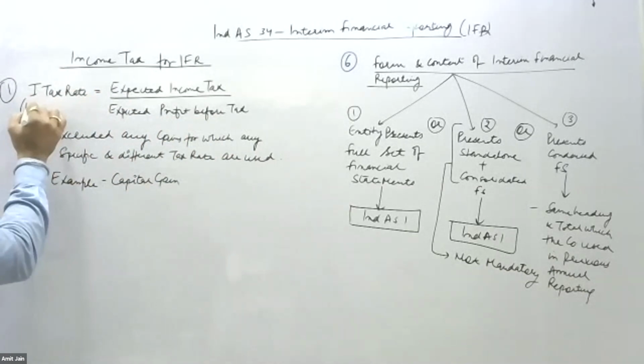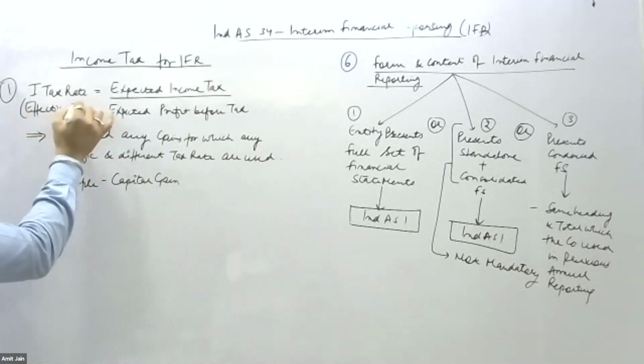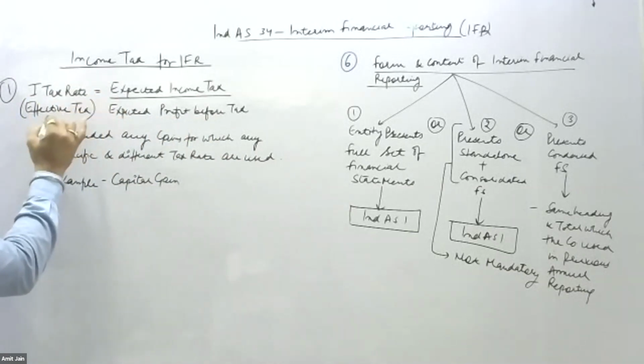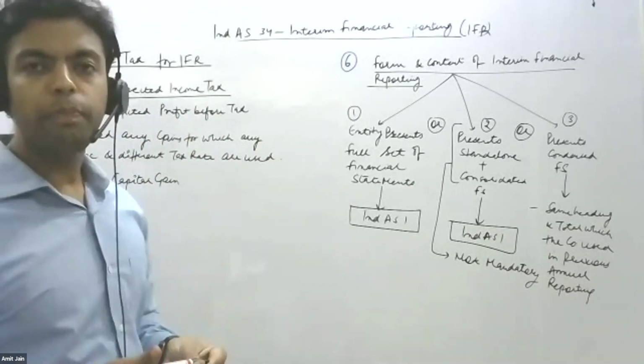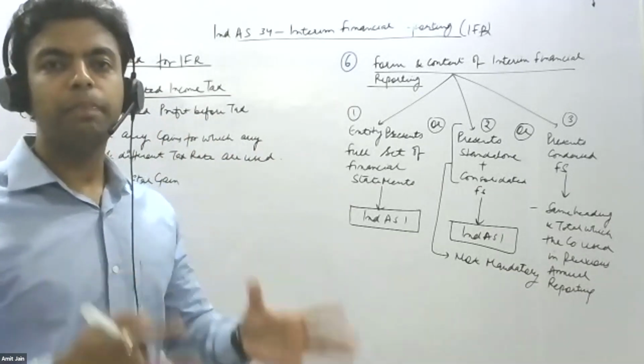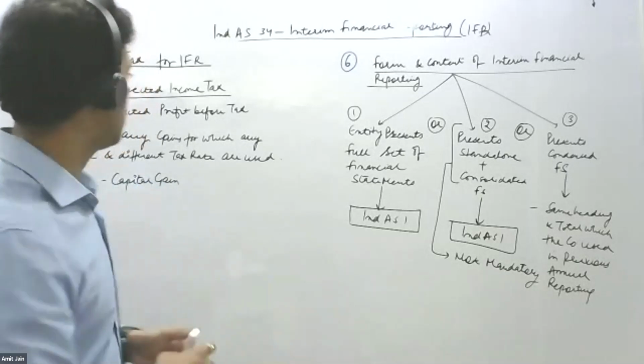This is called the effective income tax rate, and this effective income tax rate will be applied to the profits earned by the company in a particular period. So what is the tax expense?